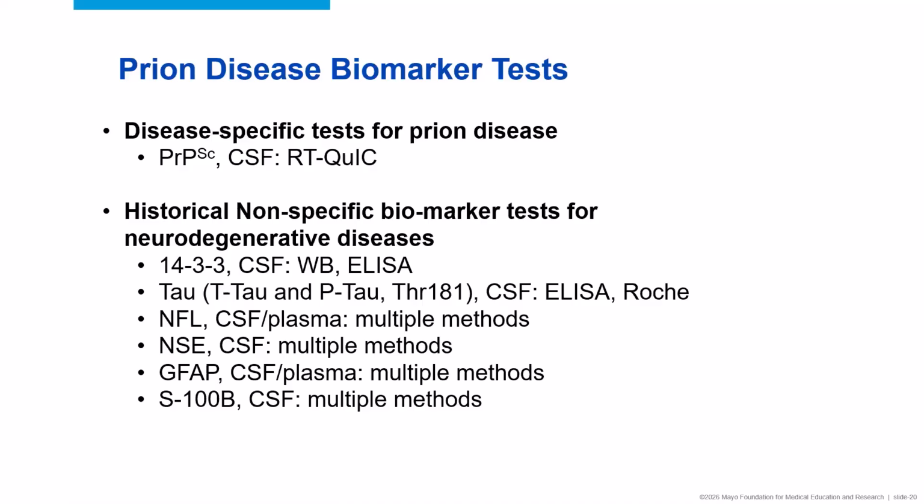I've listed these here. In the case of prion disease, the important ones are 14-3-3, tau, and now also phosphorylated versions of tau that have a utility. These again are not specific, but they do play an important part of the diagnostic workup in demonstrating that indeed there is rapid destruction of brain tissue.